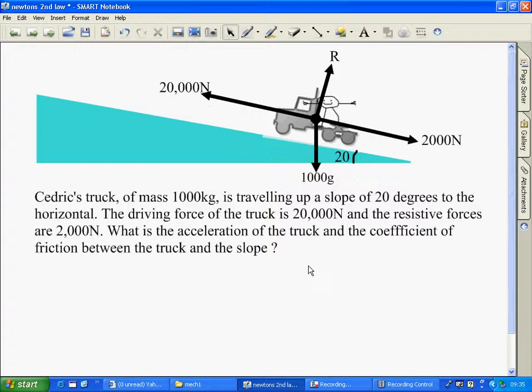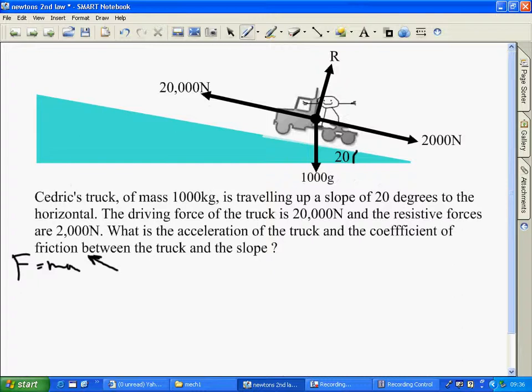Right, next one. Oh, we've got Cedric and his truck again. Excellent. Now Cedric is moving up the slope. What we need to be doing now is not just saying F equals ma, but stating the direction. Now we're going to be using F equals ma up the slope.